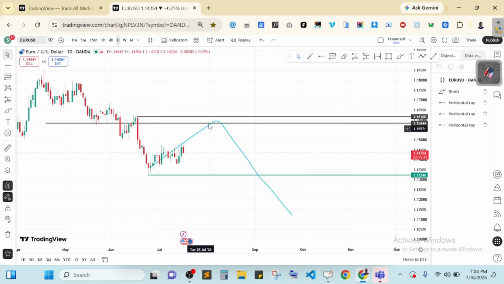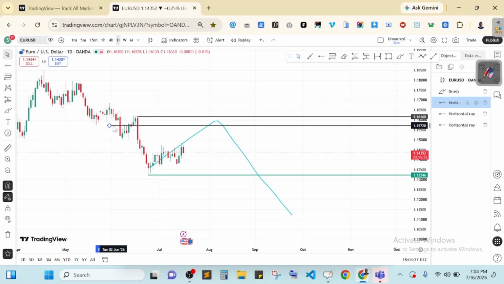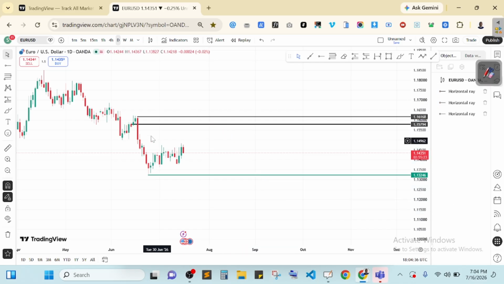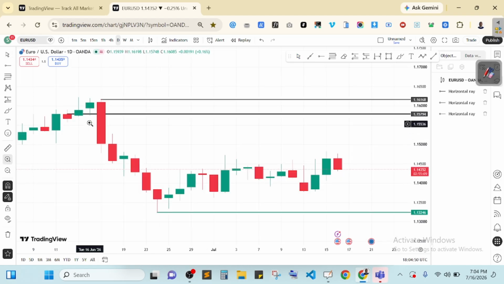See, I know for sure that the price will come to this level or that level, because this place is our Fibonacci 50 level. If you pay attention very well to this place, you can see that there is another block here.